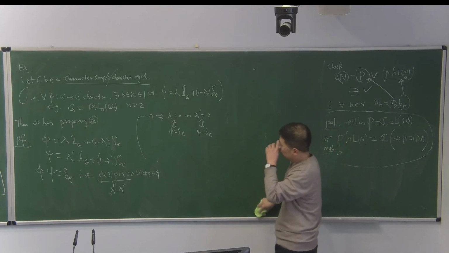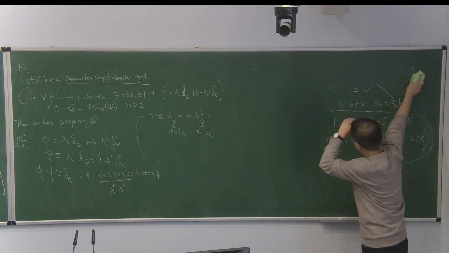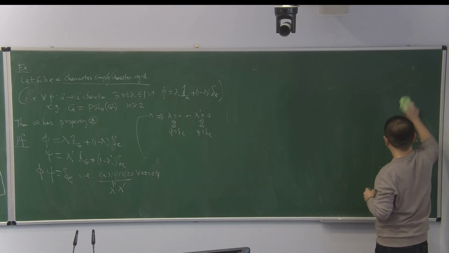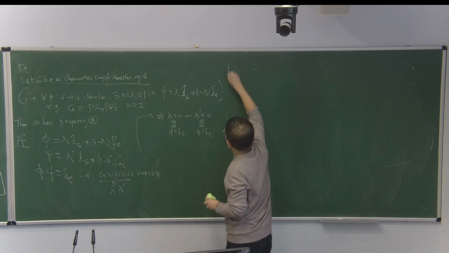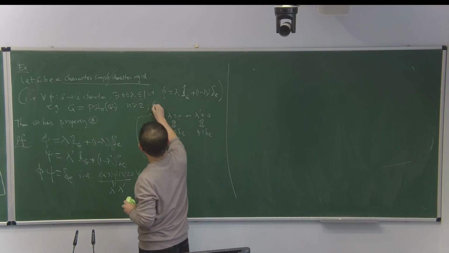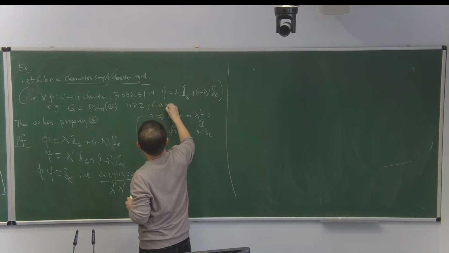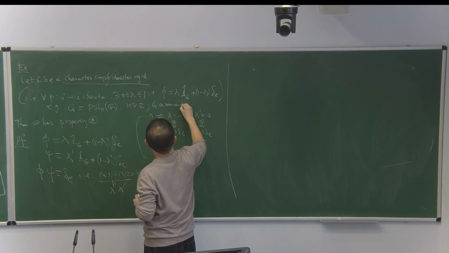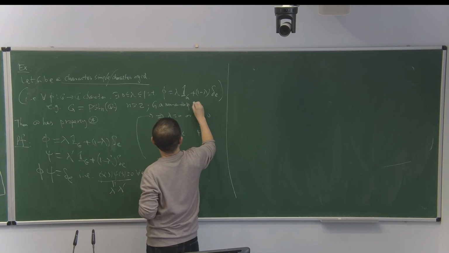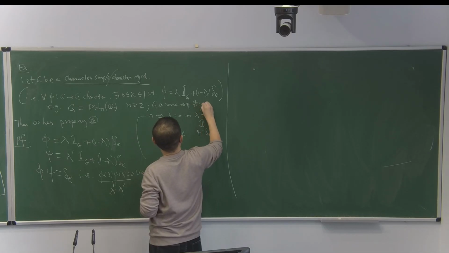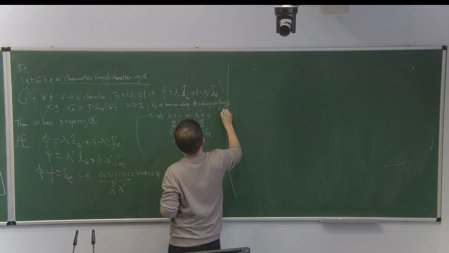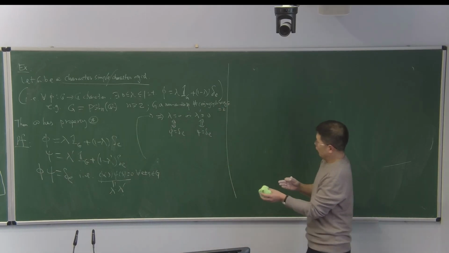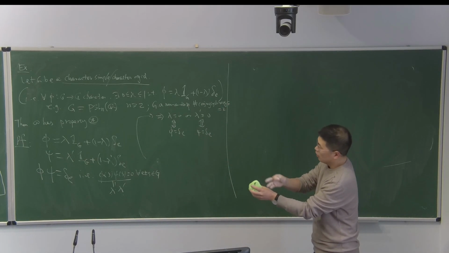There are more groups with this property. For example, you can take the group constructed in Austin's paper. You can also take G to be a non-amenable group with two conjugacy classes, which means every two non-trivial elements in G are conjugate to each other.